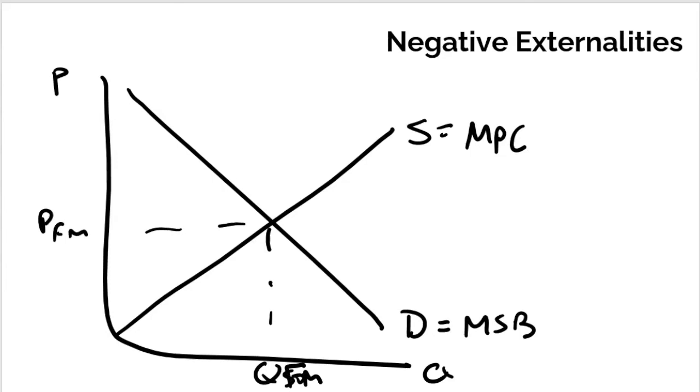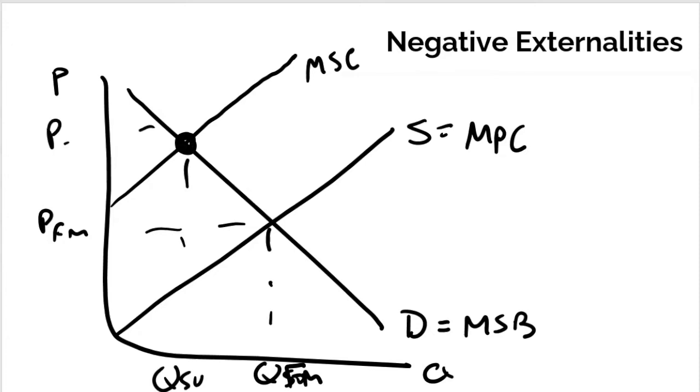So we know that society wants to be producing at this marginal social cost point, at this socially optimal quantity and socially optimal price. Well, how does the government do that? How do they correct this negative externality? How do they go from here, at this marginal private cost curve, and get over there to the marginal social cost?